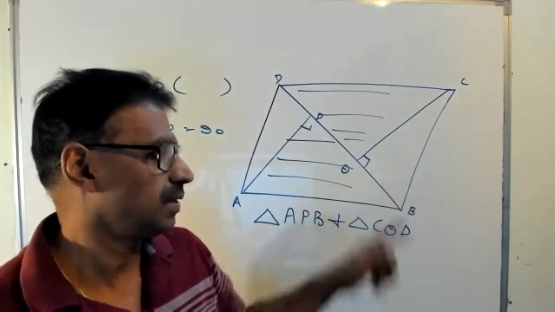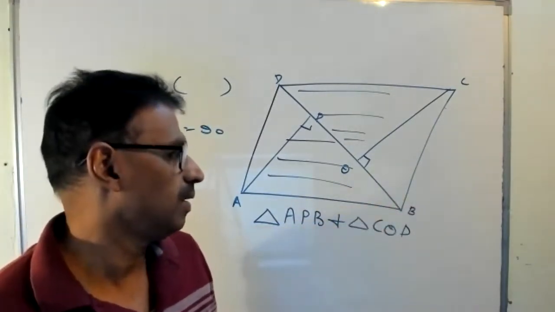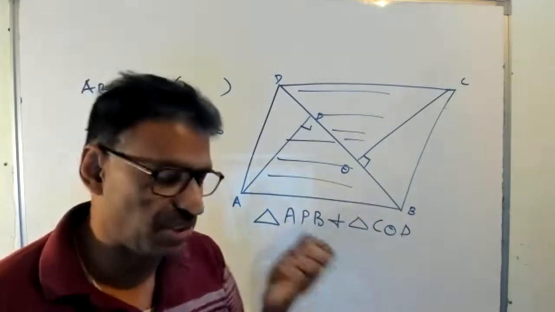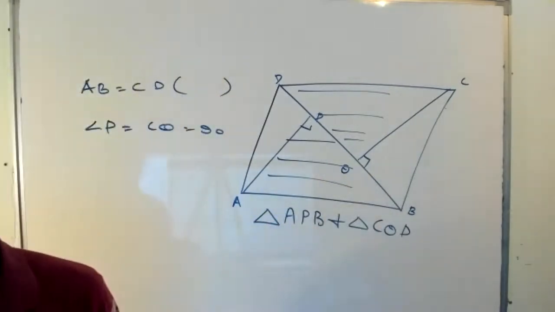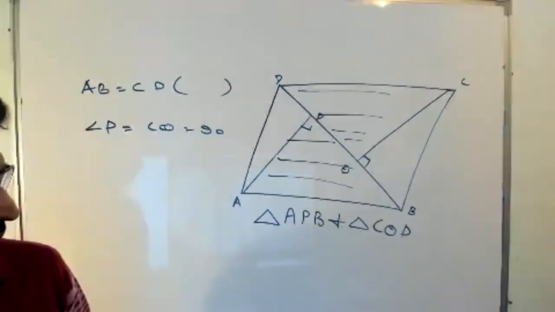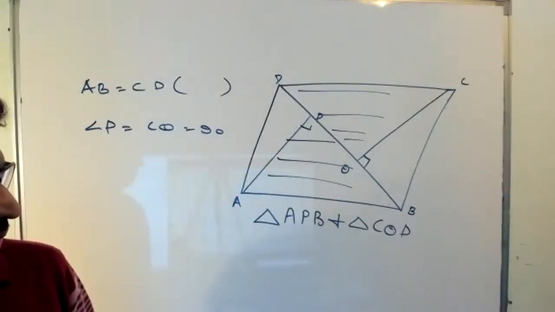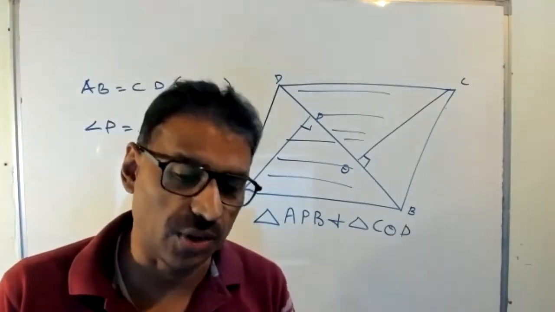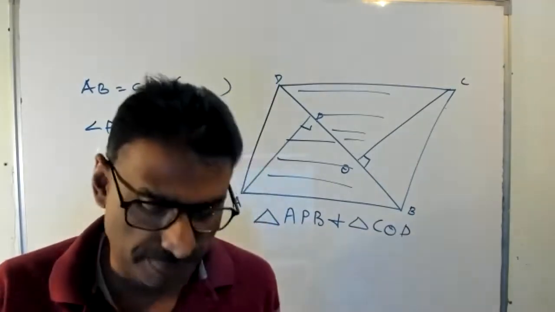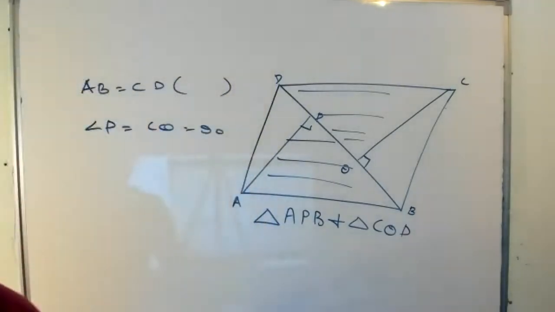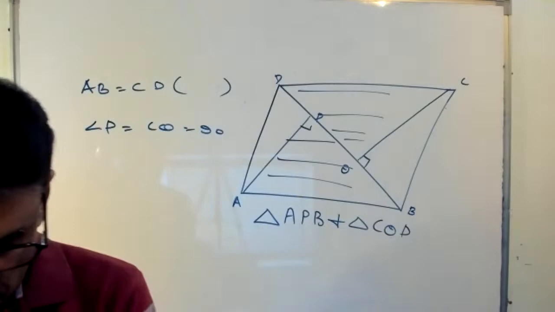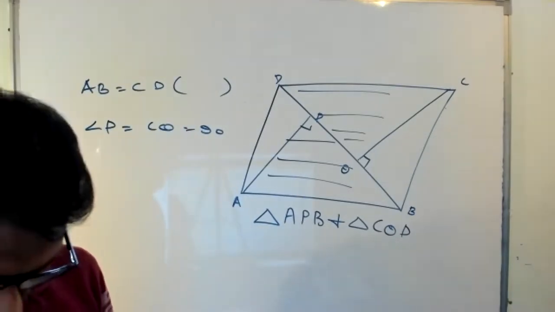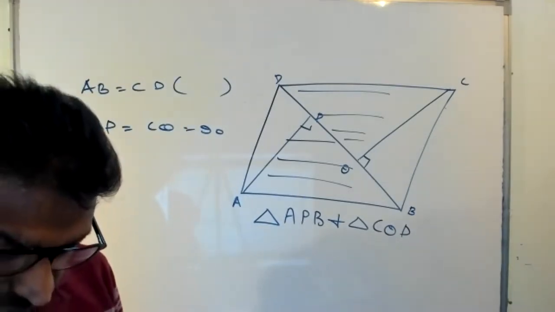No, sir. Angle D is equal to angle. Which angle? Clearly specify which angle. Sir, in triangle APB, angle B. No, don't say B. I told you just now how to specify the angles. How to specify the angle, not B.